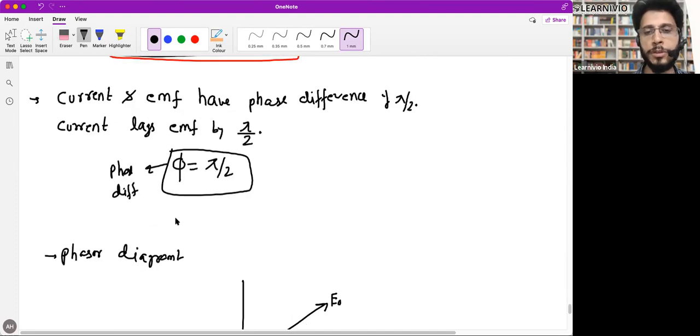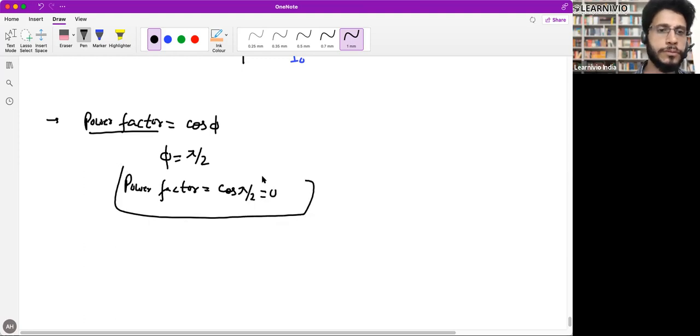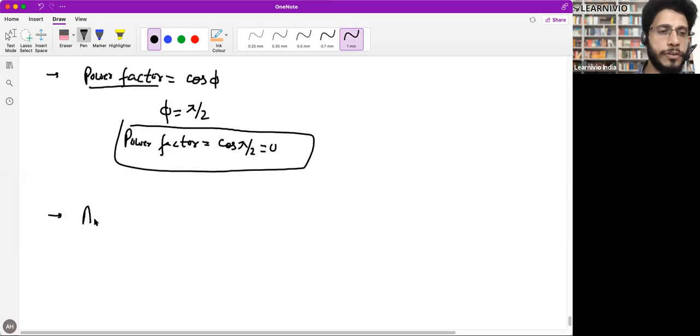How much is the phase difference? Pi by 2. So your power factor will come out to be cos pi by 2, and that is equal to 0.